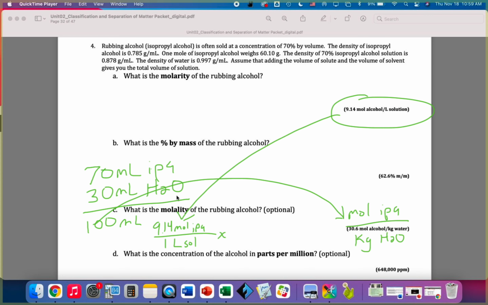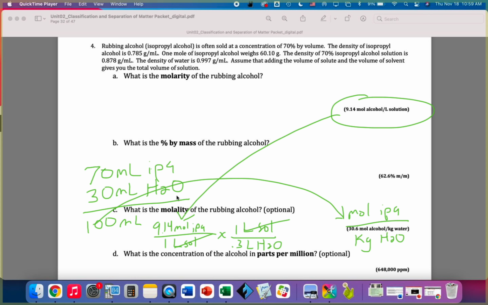Well, if we use this ratio right here, you could say 1 liter of solution, or 1,000 milliliters. 30% of it is water, so that would be 0.3 liters of water. So it's based on this simple ratio over here.